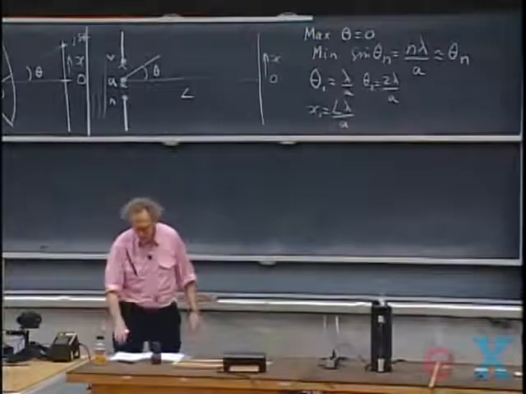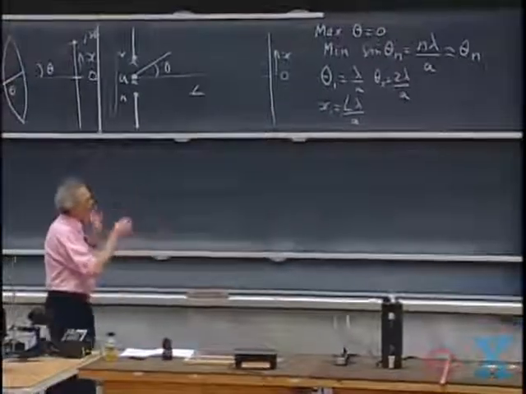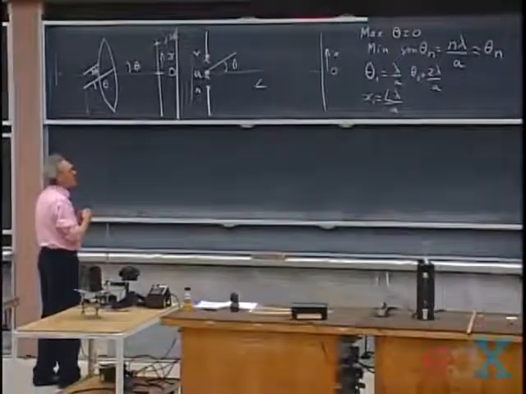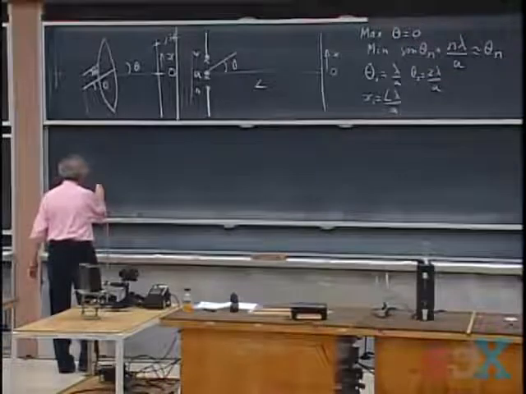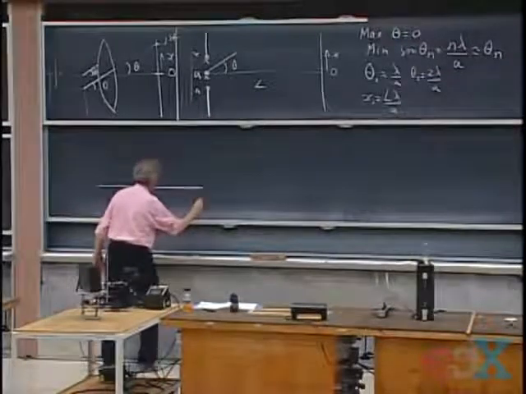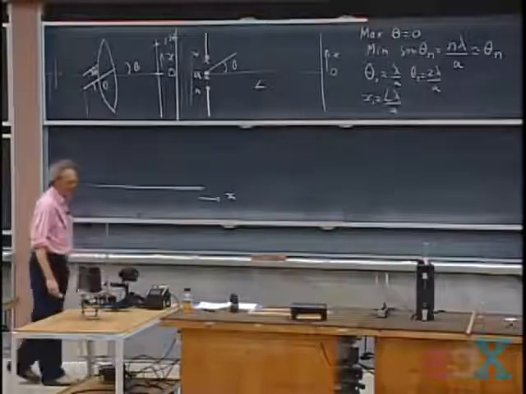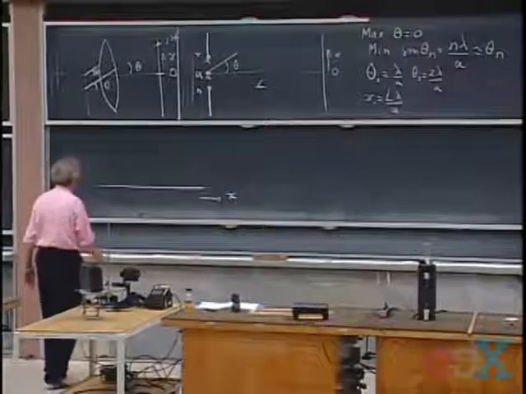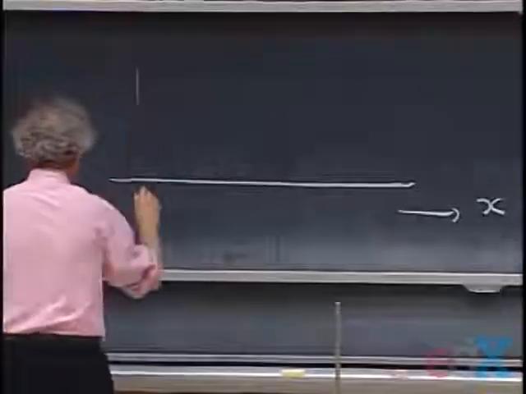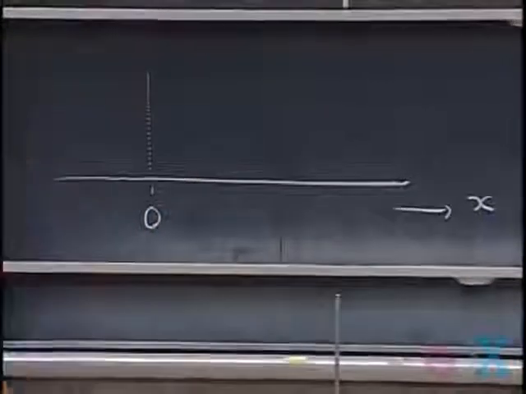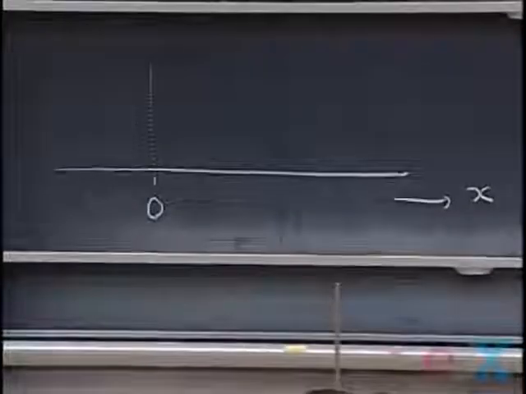And so now what I owe you is a pattern. What will the pattern look like? When I look on the screen there, what will I really see? Well, it's going to look very different from what you may think. I will plot it now in terms of x. I could have plotted it in terms of theta, but I decided to plot it in terms of x. So here, at x equals 0, there is unmistakable, unnegotiable, a maximum.